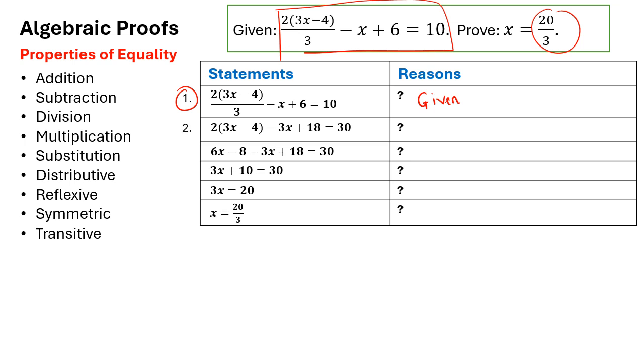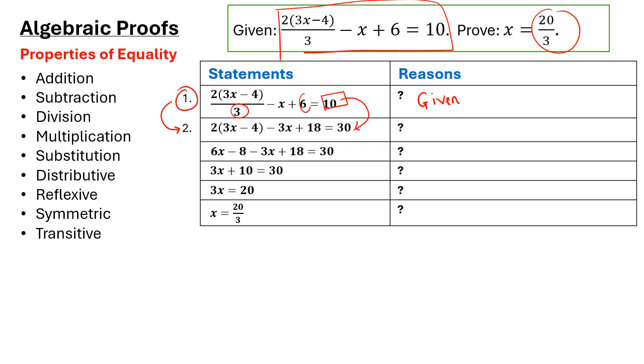All right, and we're going to go to the second step. Step number two, we can see that it looks like the original given equation has been simplified to an equivalent equation. Let's see what they did here. If you observe from step number one, we had a denominator 3 here, but it looks like it disappeared. Again, on the right-hand side, we had 10, but now 10 becomes 30.